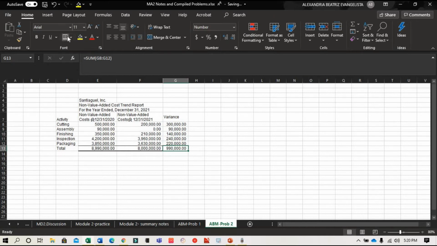Since we just computed for the variance, we have to indicate whether the variance is favorable or unfavorable.